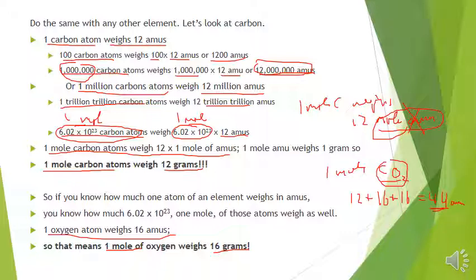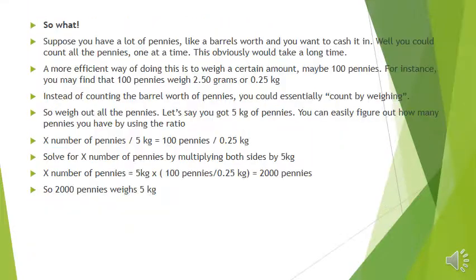Okay. Since we use giant numbers in chemistry, it becomes impossible to count them out. And so what we end up doing is counting by weighing.